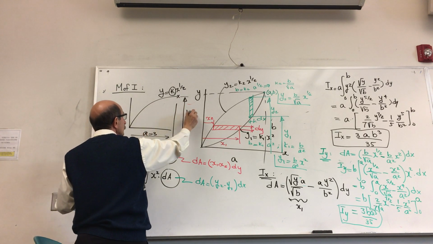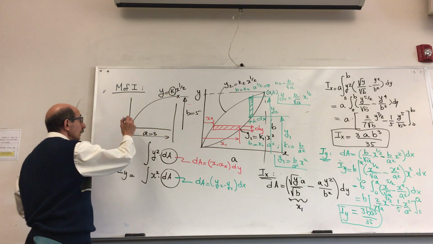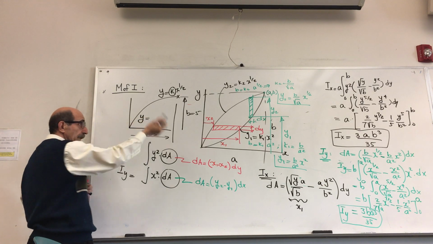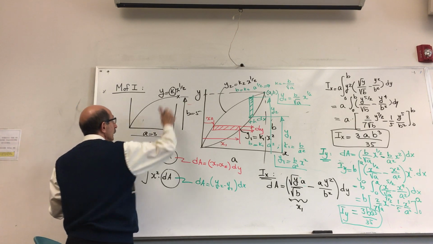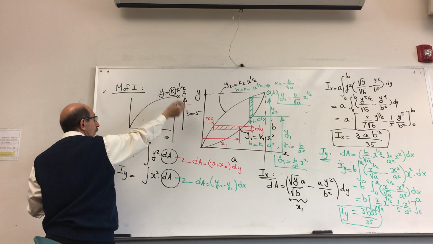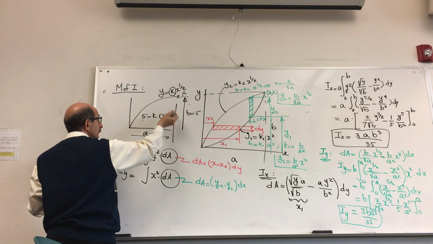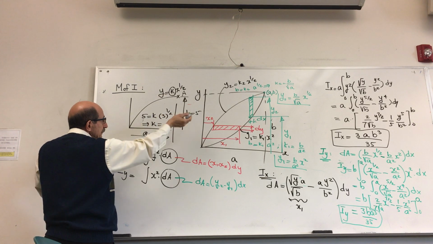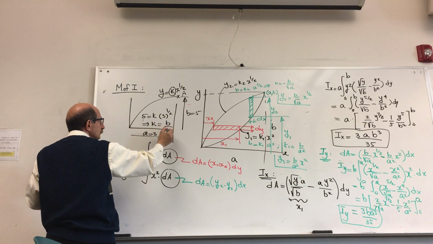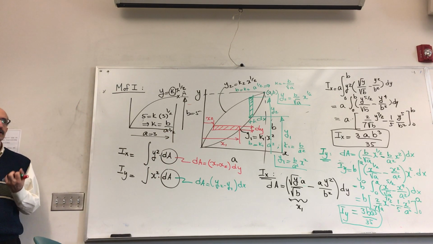Let's say this is 3, this is 5. So you can find the unknown parameter and write the specific form of that function. So at this point A, y is 5, x is 3, so that will give you k. In this case it was in terms of b and a, so that would be just that. Any other questions?